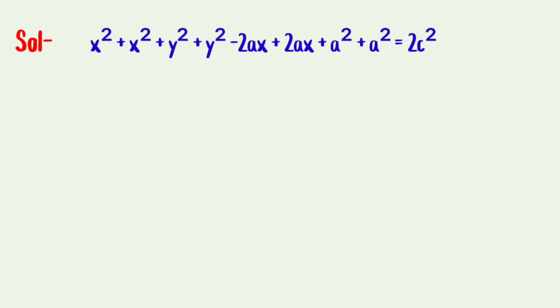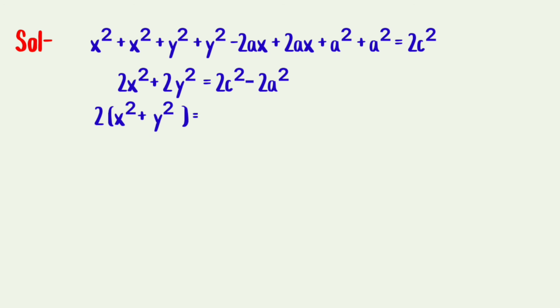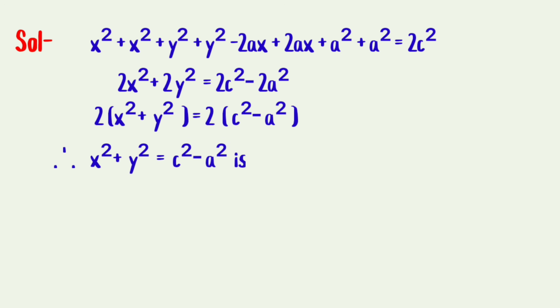So we get 2x square plus 2y square is equal to, here minus 2ax and plus 2ax get cancelled, 2c square minus 2a square. So 2 common: x square plus y square is equal to, on the right side also 2 common, c square minus a square. Therefore x square plus y square is equal to c square minus a square is the locus. That's it.